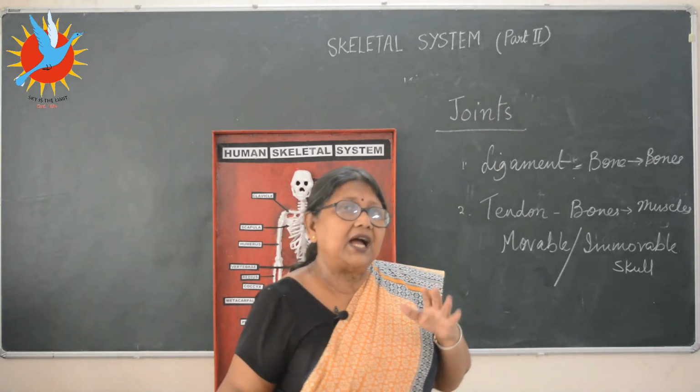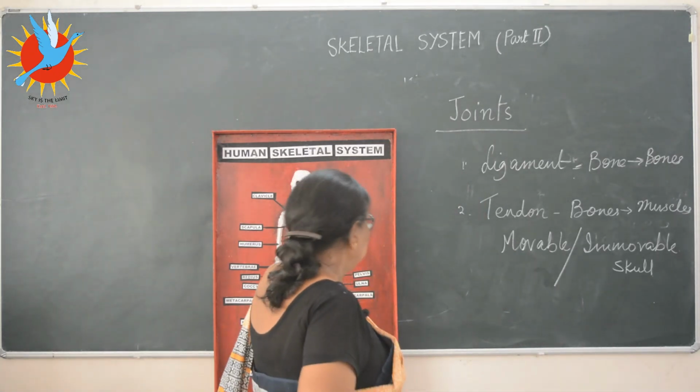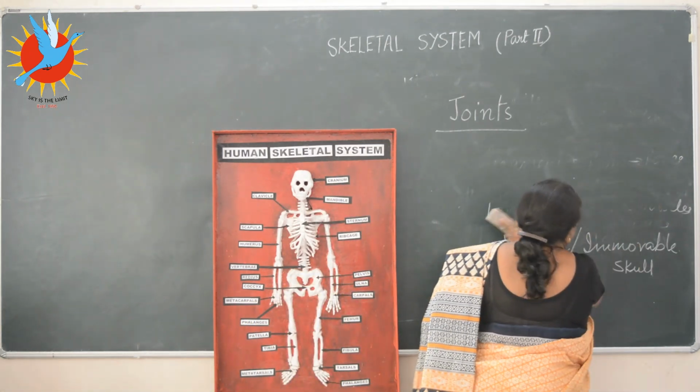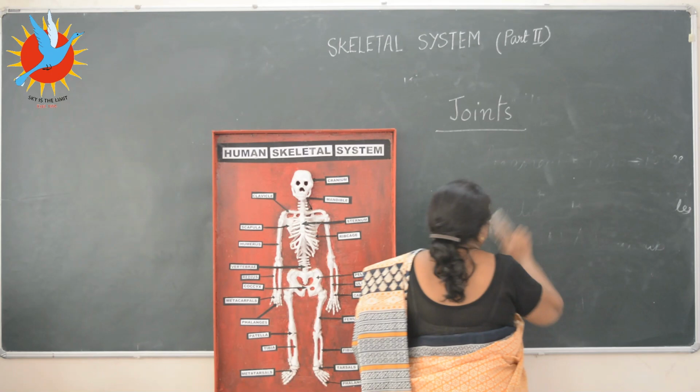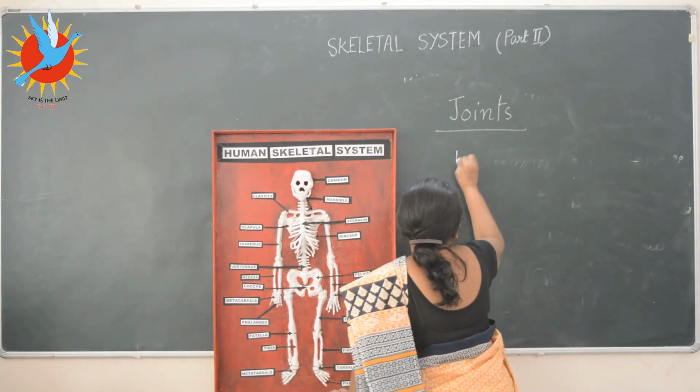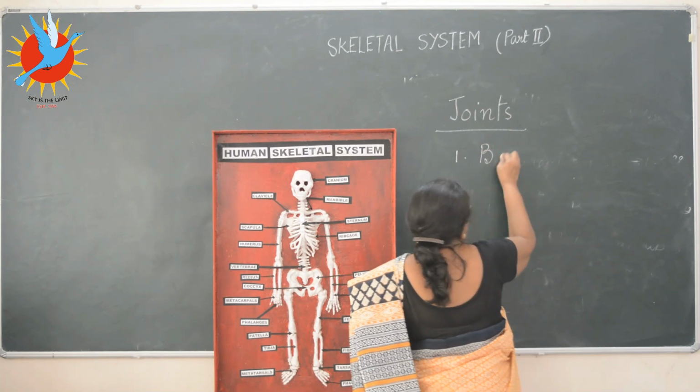Now let's study how many types of joints are in our body. There are four types of joints.